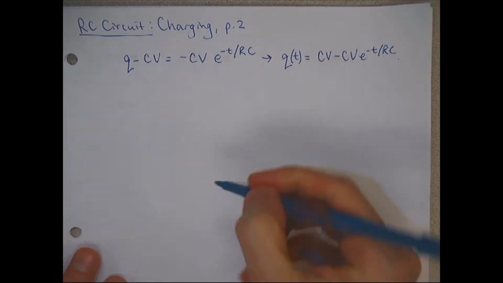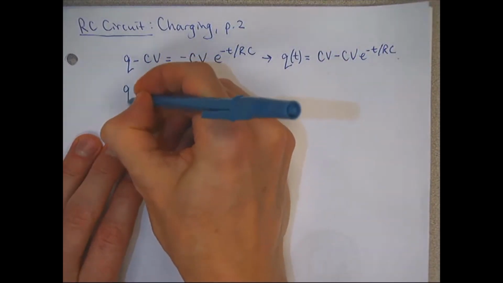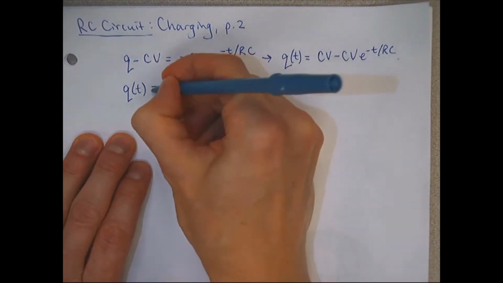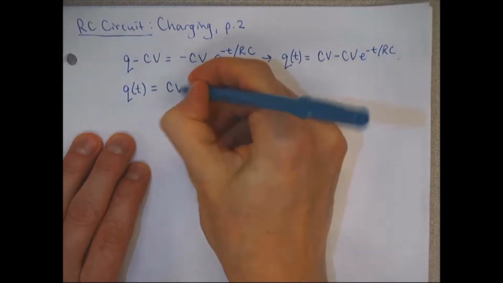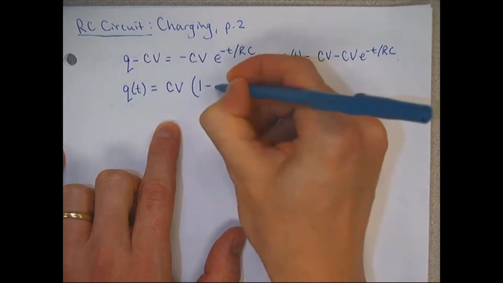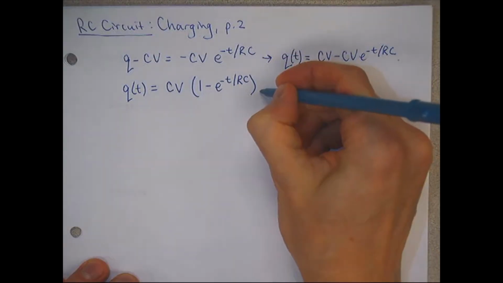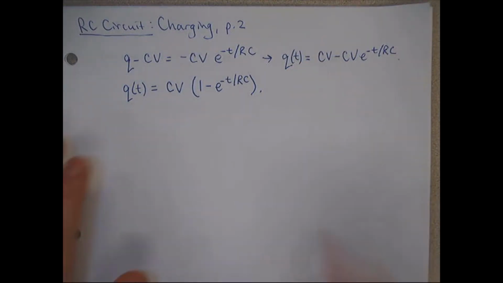In the simplest form now, we can write Q as a function of time. The charge magnitude on either plate of the capacitor is CV times the quantity 1 minus e to the minus t over RC. And that is the solution to the differential equation.